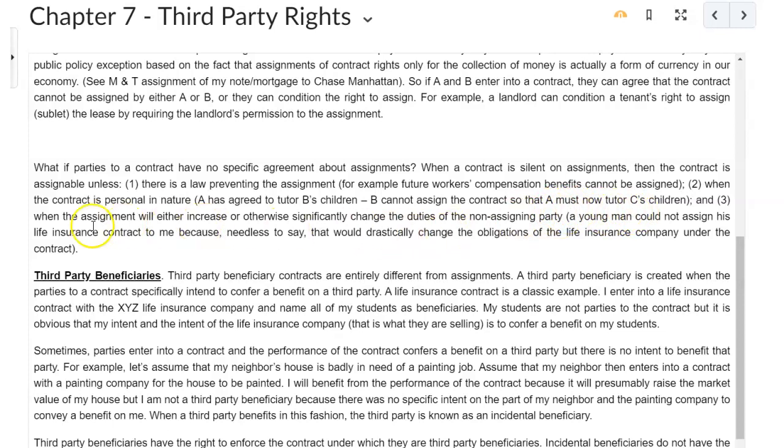Three, the third unless, a contract cannot be assigned if the assignment will increase or otherwise significantly change the duties of the non-assigning party. So, for example, a young man or woman could not assign his life insurance contract to me because, needless to say, that would drastically change the obligations of the life insurance company.